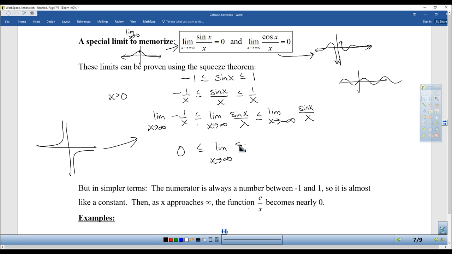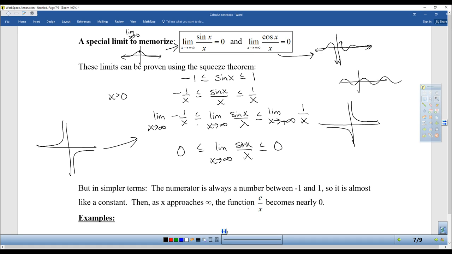And then on the other side, this graph, oh, I wrote this wrong. 1 over x. 1 over x looks like this. And again, as x goes to infinity, this also goes to 0.